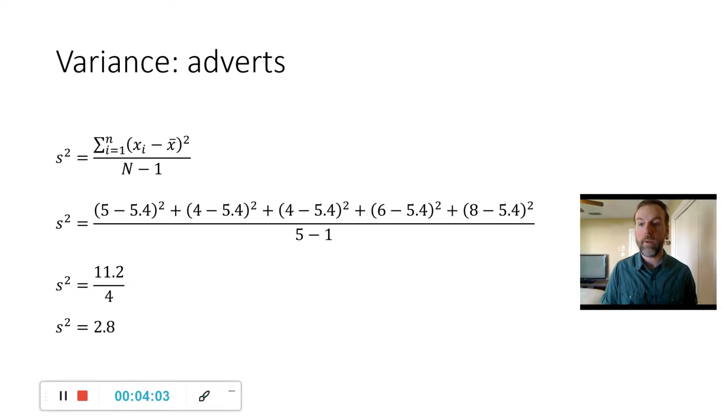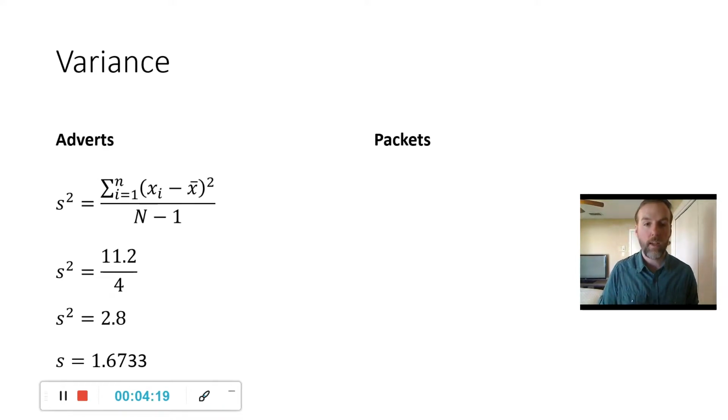That's the amount of variability there is to the number of adverts. If we take the square root of S squared, we get S, which is our standard deviation. We'll see this reappear later. In this case, it's 1.6733. So we can calculate variance for adverts. We can also calculate the amount of variation in the number of packets purchased.